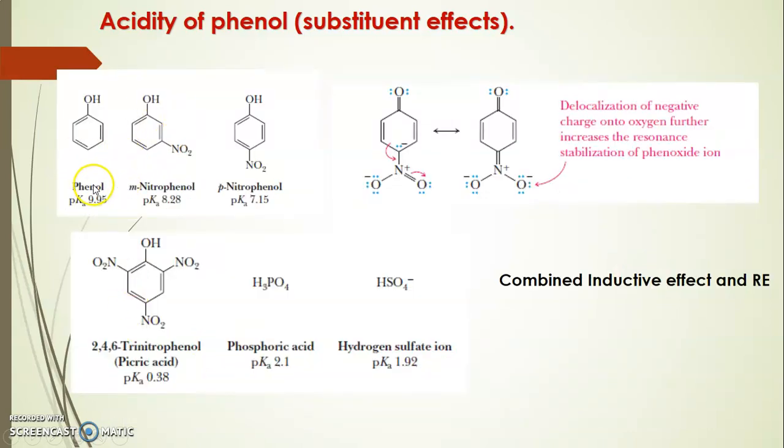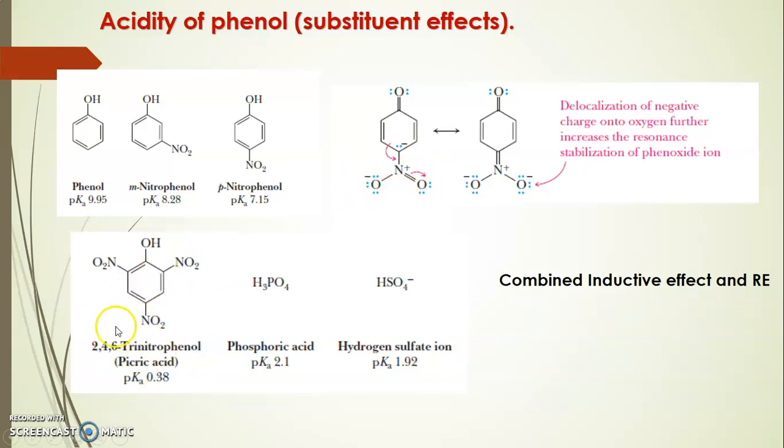And you can see here, if you compare the acidity of phenol and meta-nitrophenol or para-nitrophenol, this negative charge is delocalized over the nitro group like here. So the delocalization of negative charge onto oxygen further increases the resonance stabilization of the phenoxide ion.